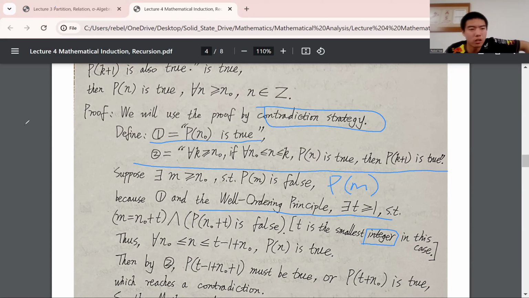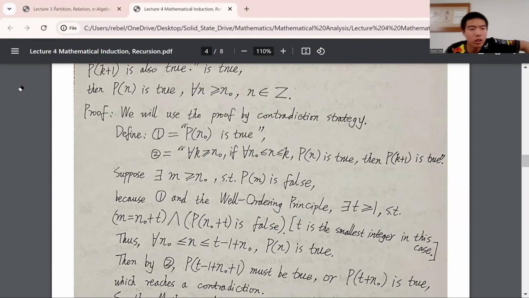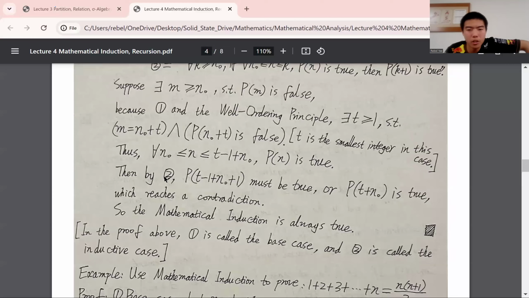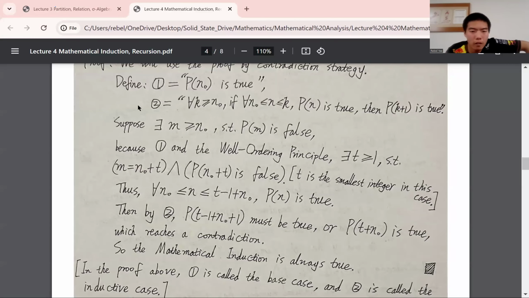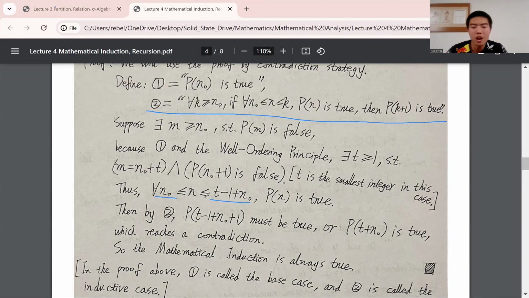Then here it encounters a contradiction. The contradiction goes like this, because by 2 here. So notice we have used 2 here. Okay, this is 2 because by 2, if Pn is true for all n between n0 and k, and we can consider n0 is here and k is here, and if for all n here Pn is true, then Pk plus 1 is true.